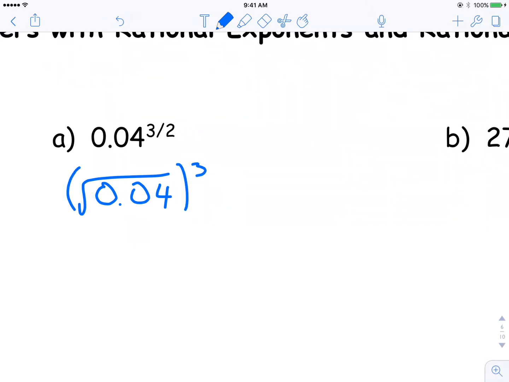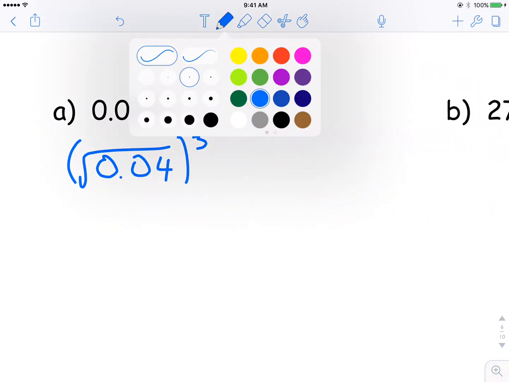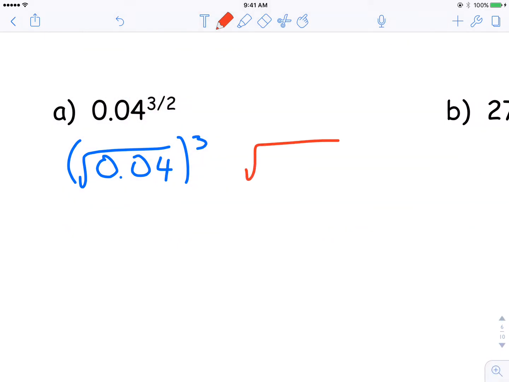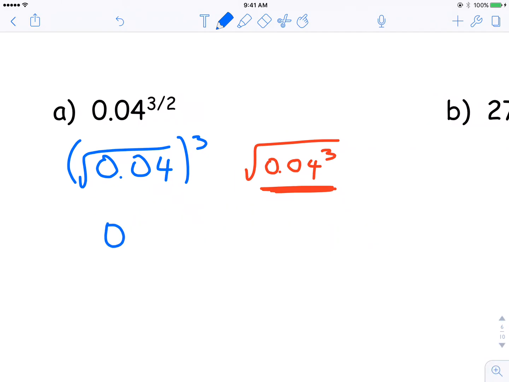Now, there was a reason this time around why I wrote the cubed on the outside of the radical sign. If I wrote it on the inside of the radical sign, the square root of 0.04 cubed, well, now I would have to figure out what this is cubed and then square root it all. Here, I know that the square root of 0.04 is 0.2.